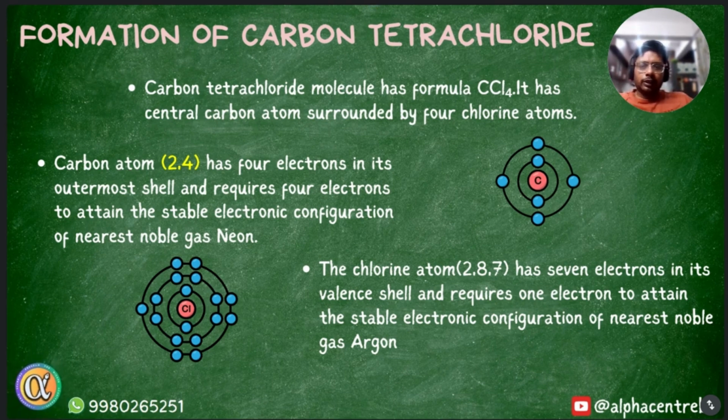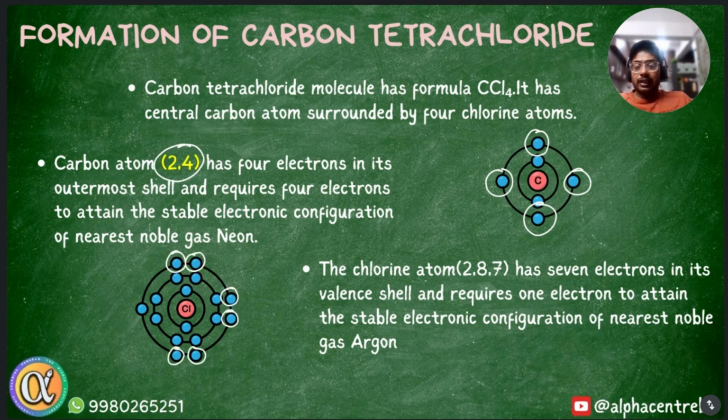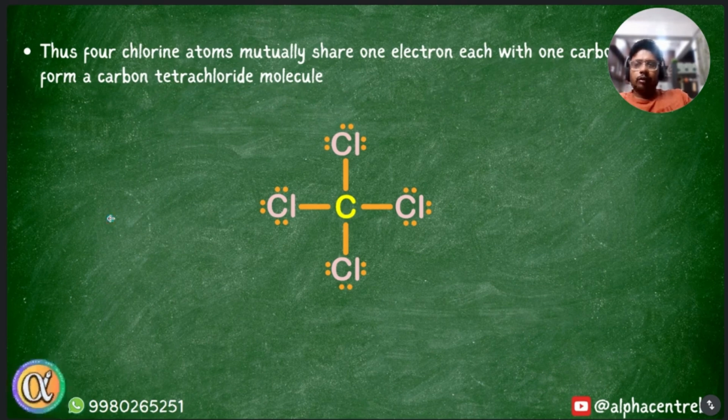Carbon has four electrons in the outermost shell, so it needs four more for a stable electronic configuration, while chlorine has 1, 2, 3, 4, 5, 6, 7 electrons in the outermost shell, so it needs one more for a stable electronic configuration.